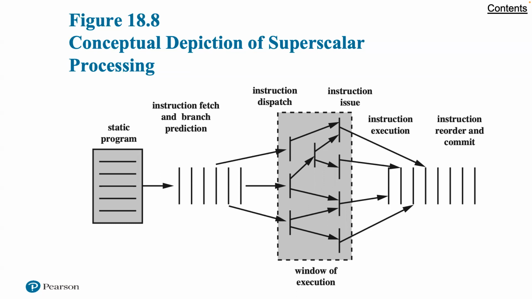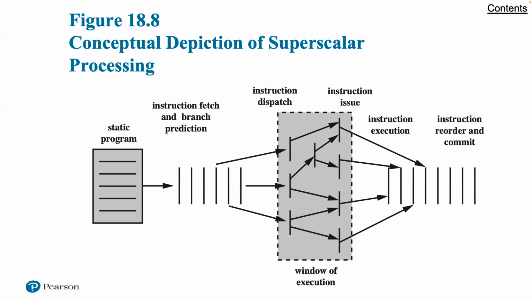This stream is examined for dependencies, and the processor may remove artificial dependencies. The processor then dispatches the instructions into a window of execution. In this window, instructions no longer form a sequential stream, but are structured according to their true data dependencies.